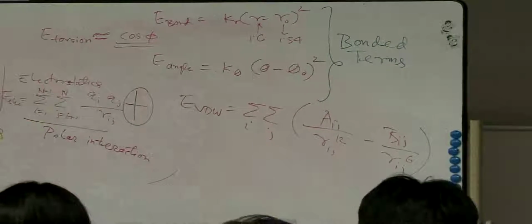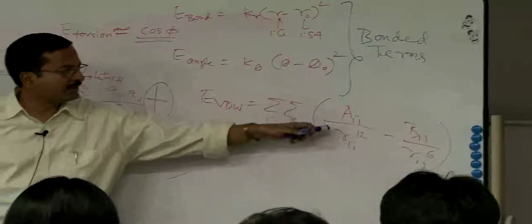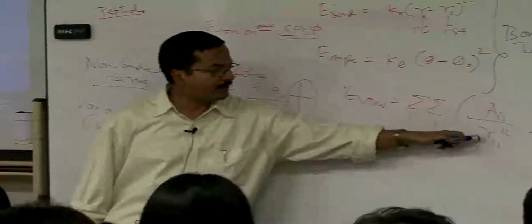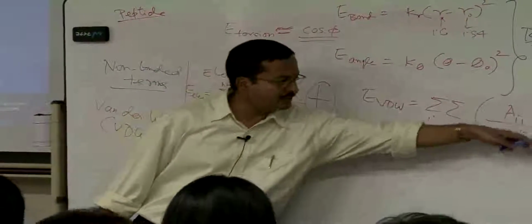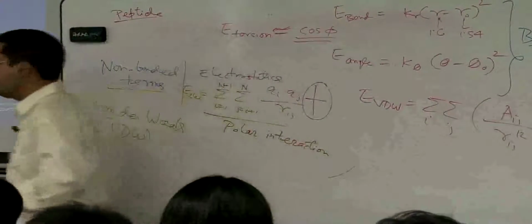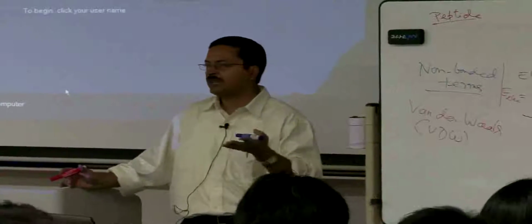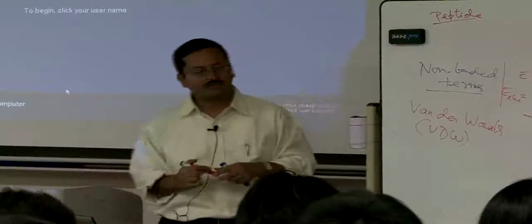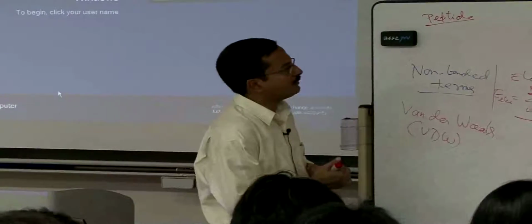There are two terms in van der Waals, one is 1 over r to the power 12 and the other is minus 1 over r to the power 6. The minus term is for attractive interaction and the plus term is for repulsive. So, this is another non-bonded term.